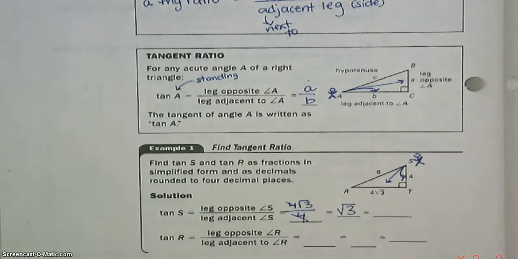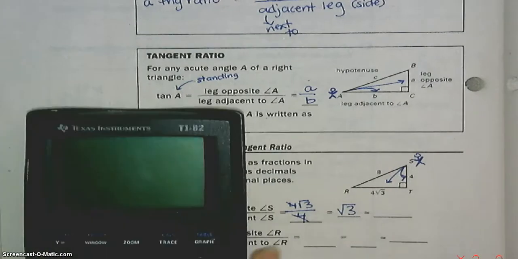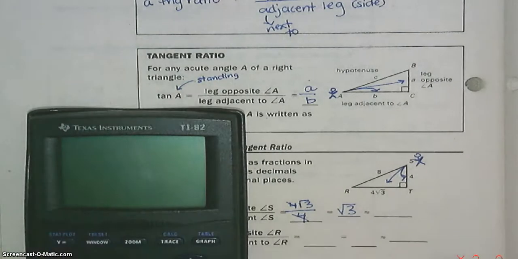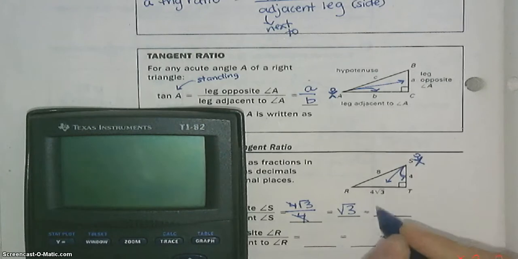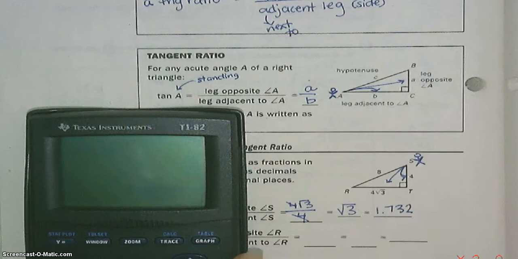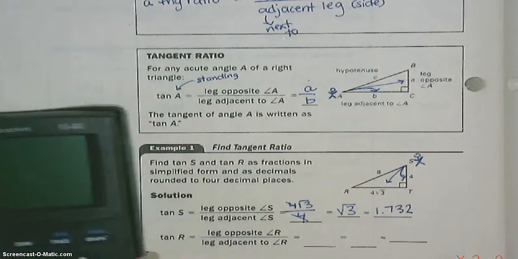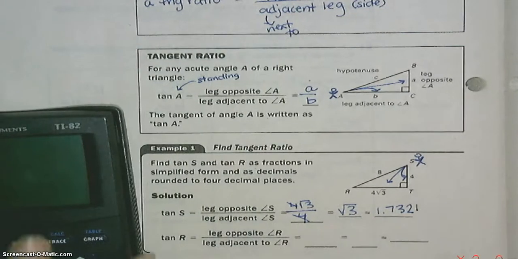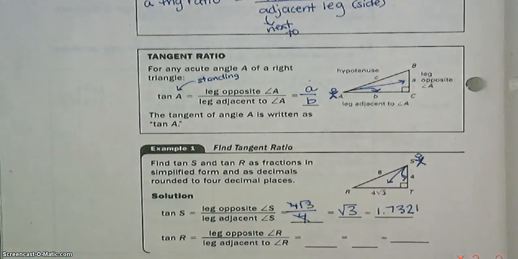So the tangent of S is square root 3. And we can put that as a decimal if we want. I prefer to leave it just like that. But if you want to do a decimal, you put it in your calculator. Mine seems to be a little hard to read right now. And it's 1.732. Did it say how many decimals? Oh, 4 decimal places. 1.7321. All right.